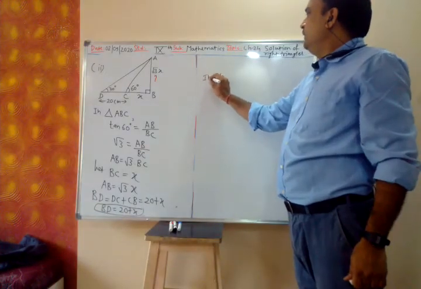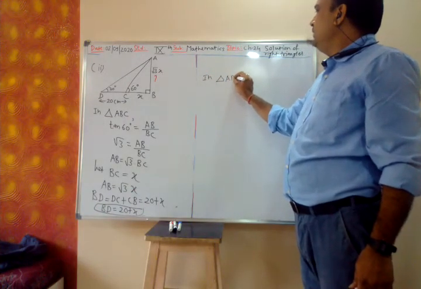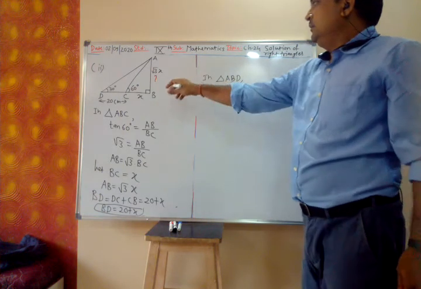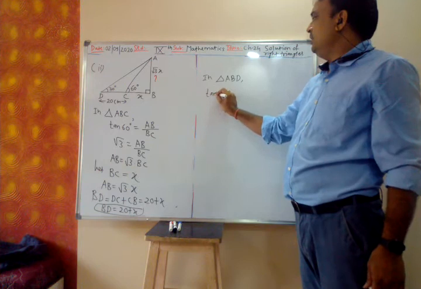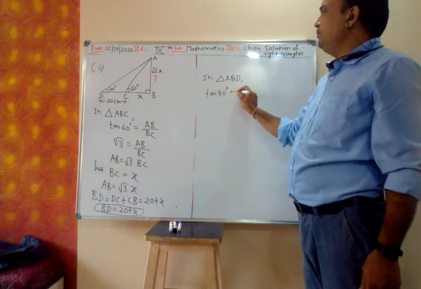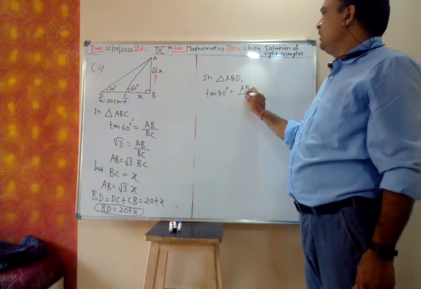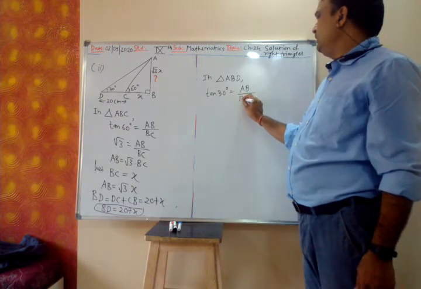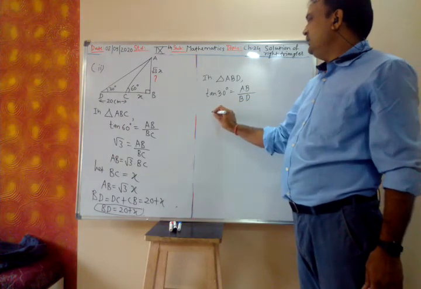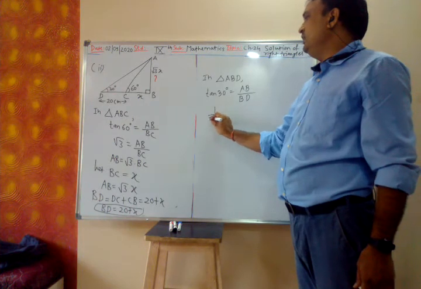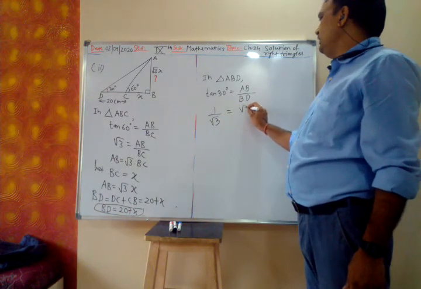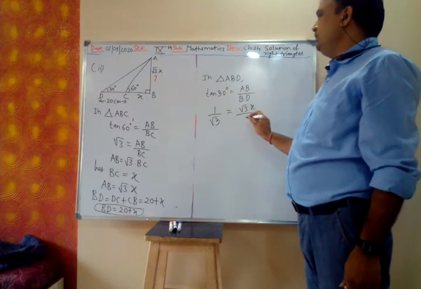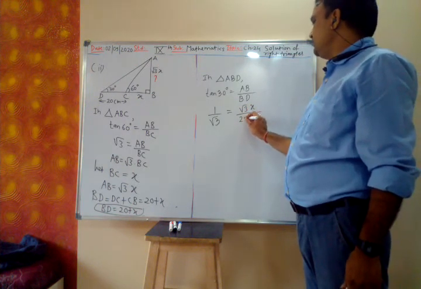For the bigger triangle, in triangle ABD, B is 90 degrees, so the reference angle is 30. So we consider tan 30. Tan 30 is opposite AB upon BD. Tan 30 is 1 by root 3, which equals AB, root 3x, upon BD, 20 plus x.